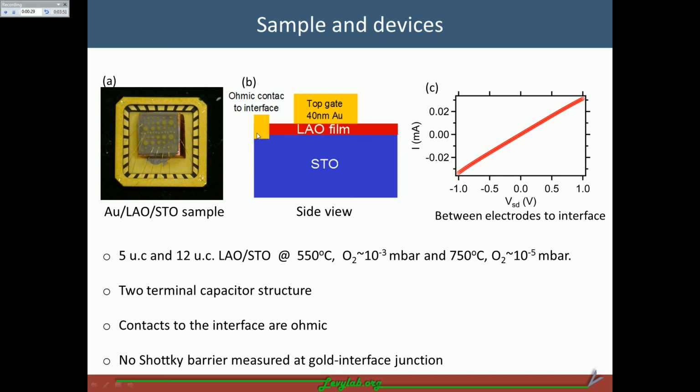Such contacts to the interface are ohmic, which is proved by doing this IV measurement between two of these electrodes connected to the interface. And it also shows that there's no Schottky barrier measured at this gold interface junction.